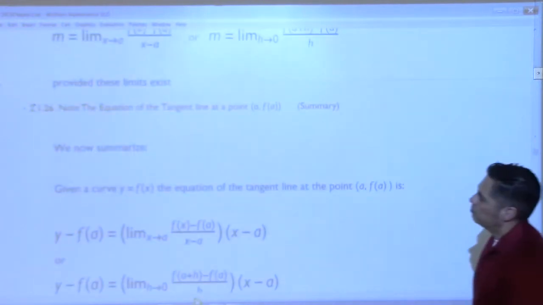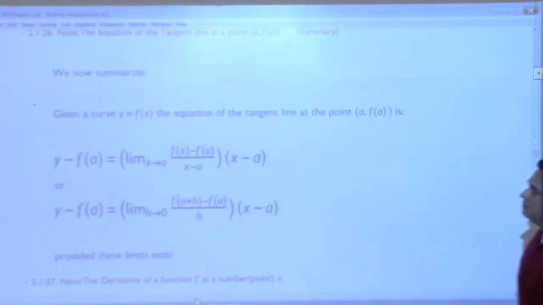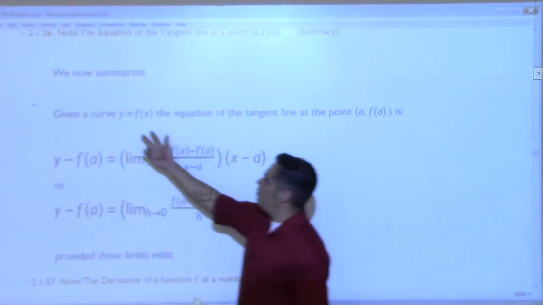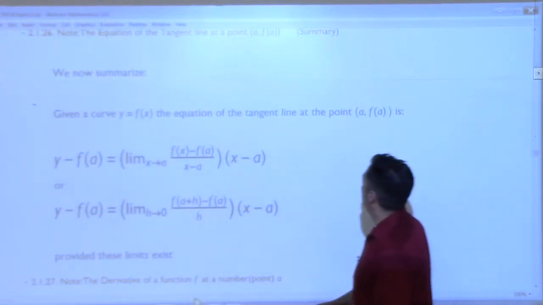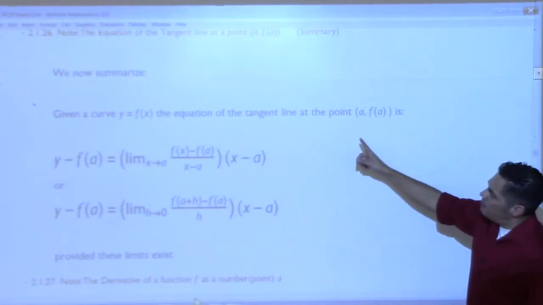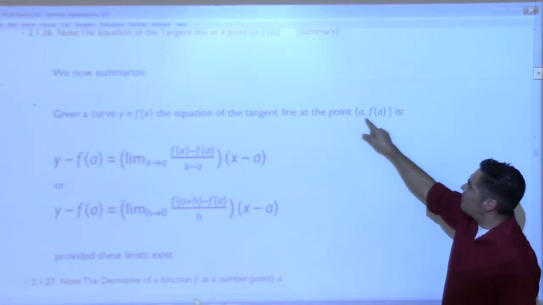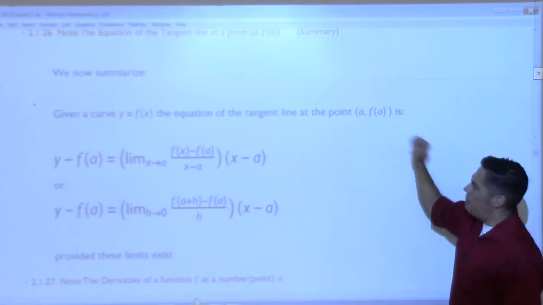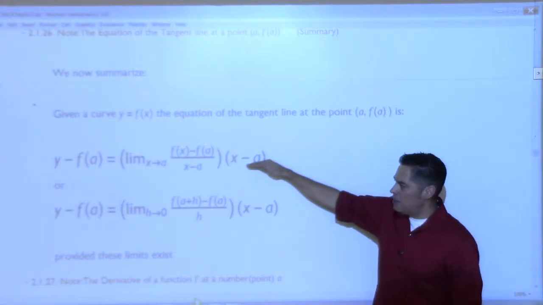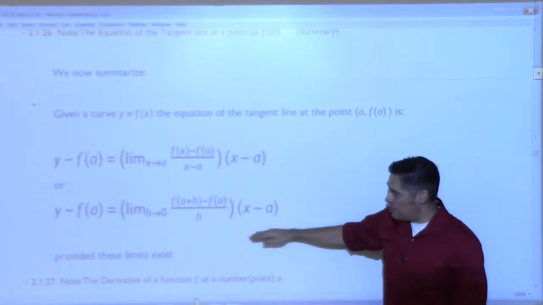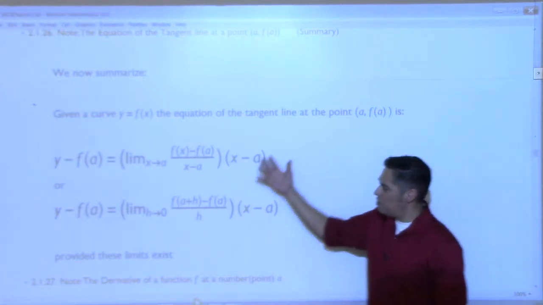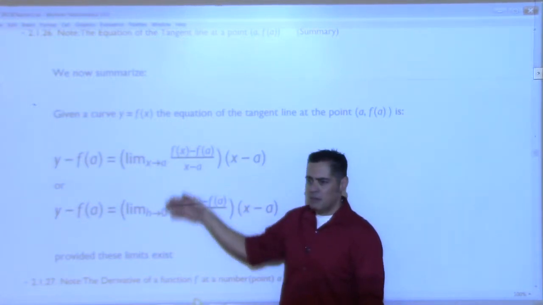So here's the summary. If you're given a function, given a curve, y equals f of x, then the equation of the tangent line at the point (a, f of a), that base point, is either this equation or this equation. The main differences between the two equations are the limit.